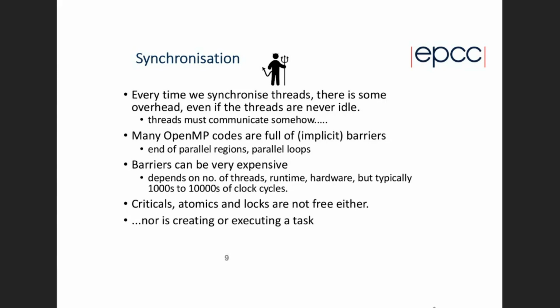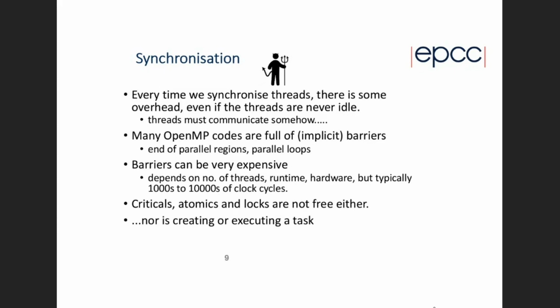And perhaps one of the downsides of OpenMP is that it encourages you to write code that's full of implicit barriers. Every time you enter a parallel region or parallel loop, there's a barrier synchronization which synchronizes all the threads. And barriers can be really quite expensive. It depends on the number of threads, but also on the runtime, the implementation, which compiler you're using, and the hardware you're running on.